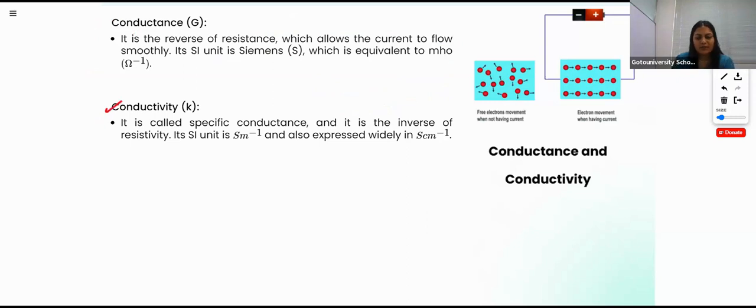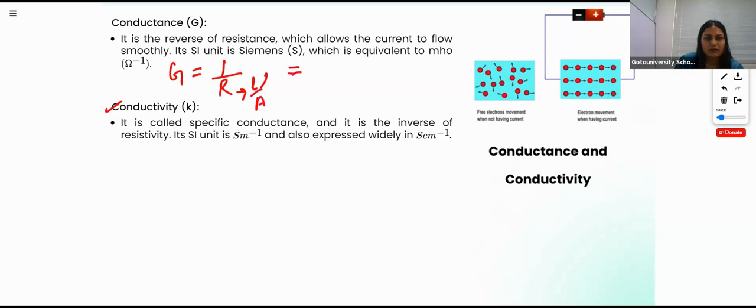Now what is conductivity? For conductance we can also try the relation as we have done for resistivity. Conductance, that is G, is the reverse of resistance, or G is equal to 1 by R. What is the resistance? It was rho L by A, right?